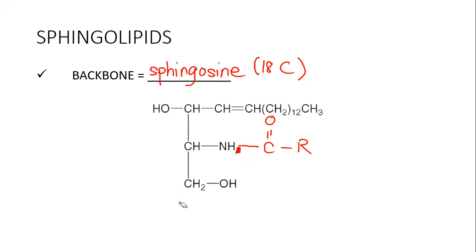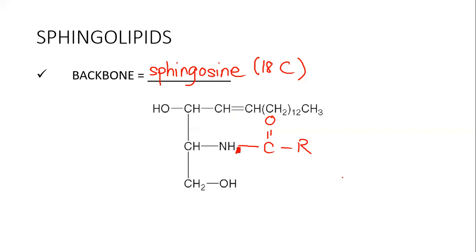On the NH2 part, this is where our fatty acids usually bind, whether saturated or unsaturated. So class, take note. Okay? With triacylglycerols earlier, when a fatty acid binds to the backbone, there is formation of an ester, right?